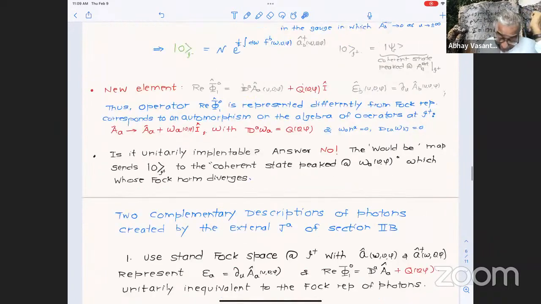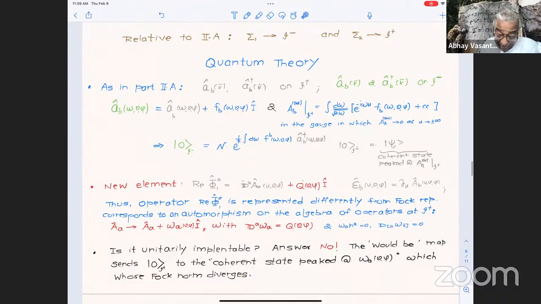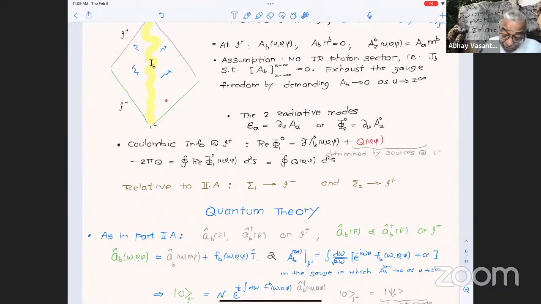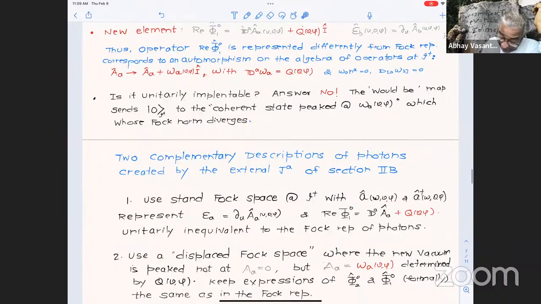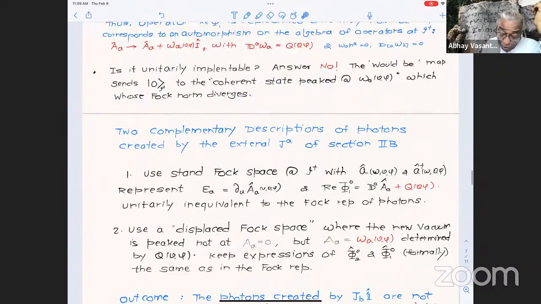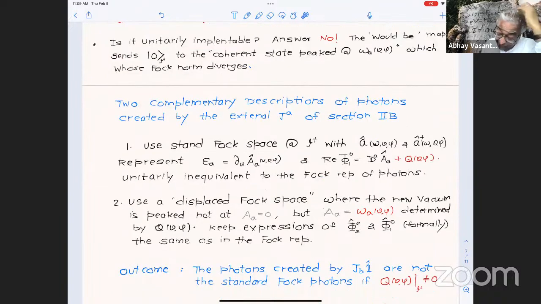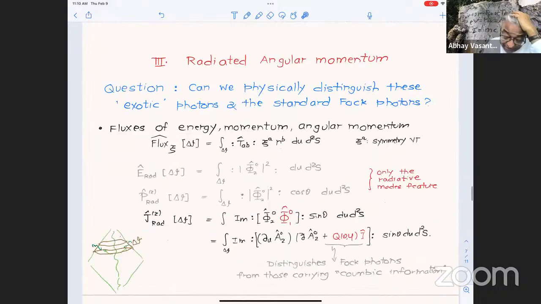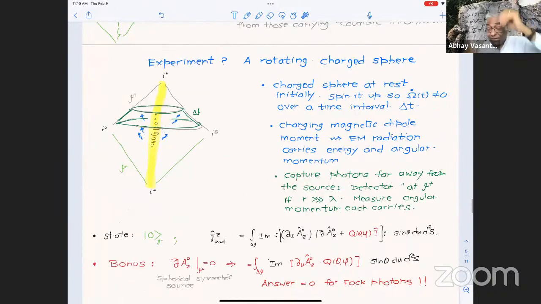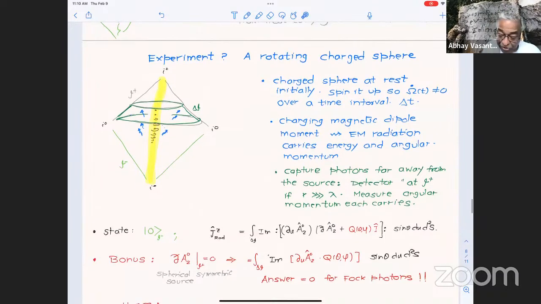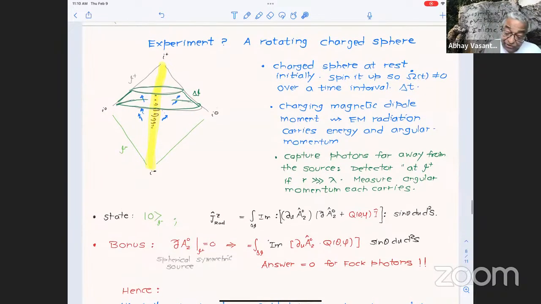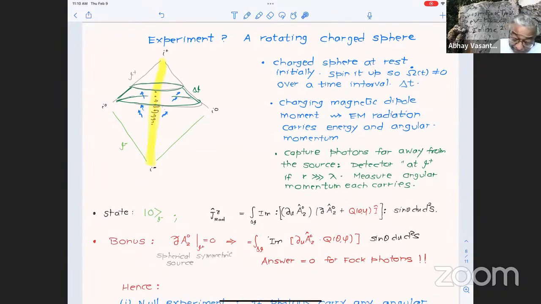But everything I set up here, in particular the external source problem and the result that the real part of phi1 naught is represented by this expression, does not require spherical symmetry of the sources. But this is something that you could do in the lab. People at Vienna, in fact, have all these beautiful, very good, extremely small spheres. So we could do this experiment in the lab.